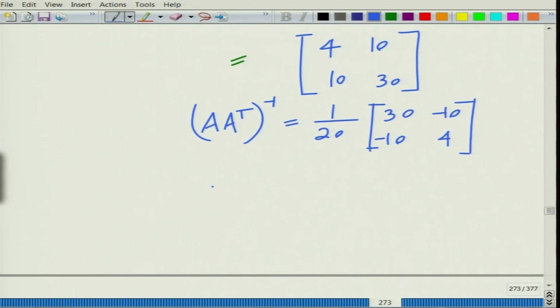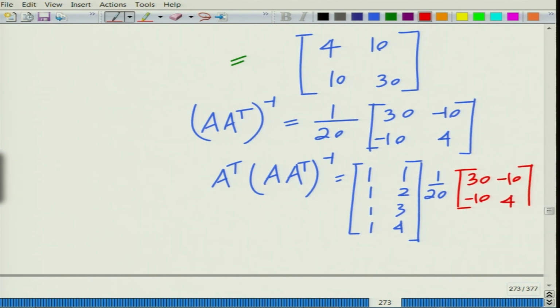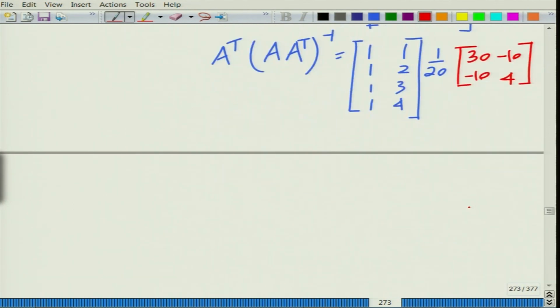And once again, if you calculate the pseudo inverse, that is A transpose inverse, which is [1 1 1 1; 1 2 3 4] times 1 over 20 into the matrix [30 minus 10; minus 10 4]. You can evaluate this.